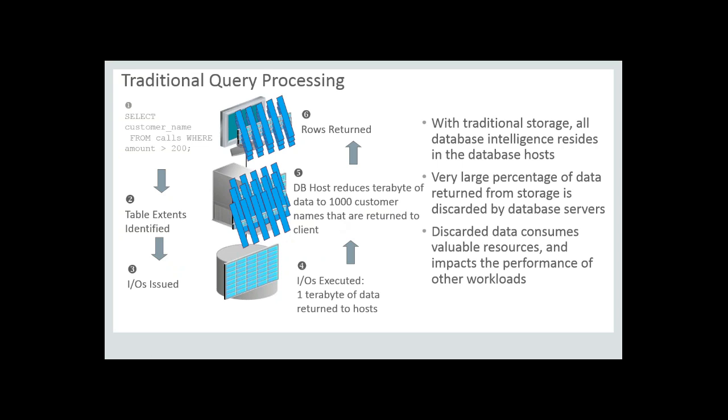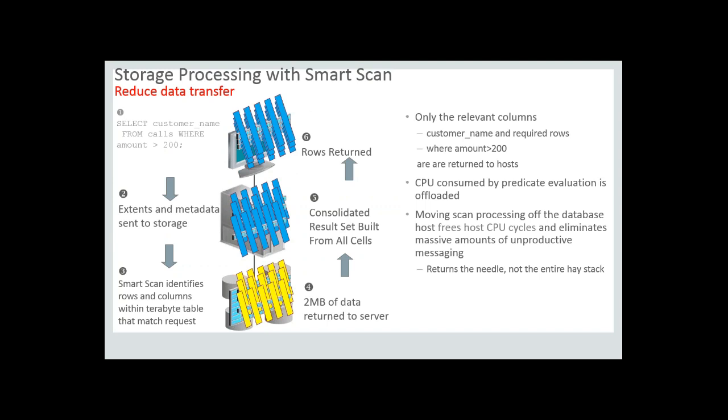Now in case of Exadata, because of offloading and smart scan, you are executing the same query. A similar operation happens again. It identifies the extent from the metadata stored in the database, and then it sends the request to the storage. But here in Exadata we say the storage is not dumb, it's smart.